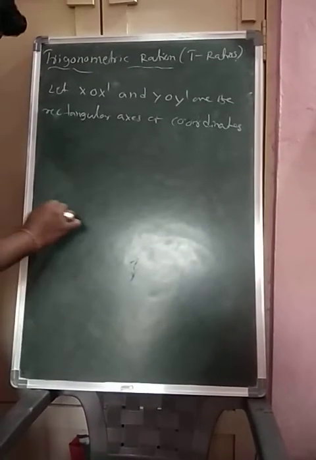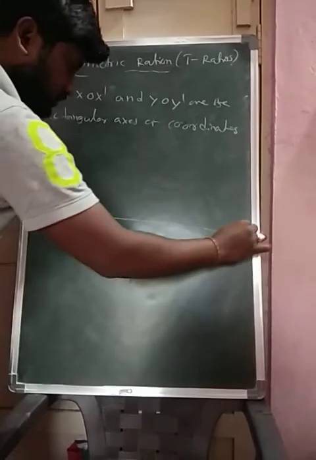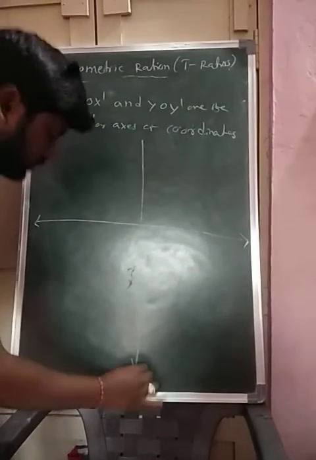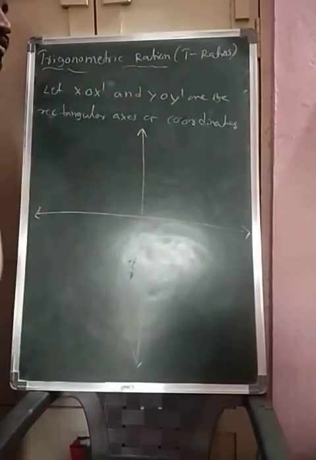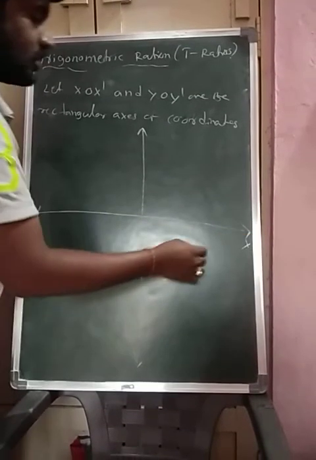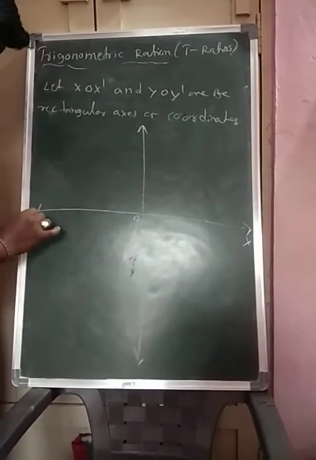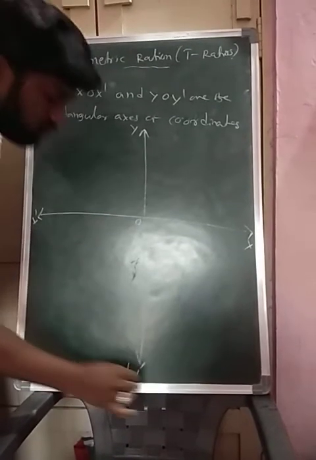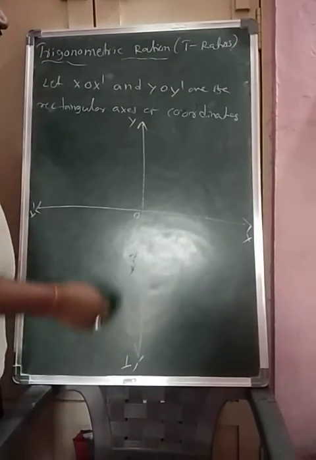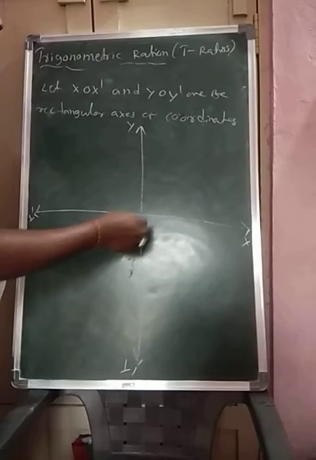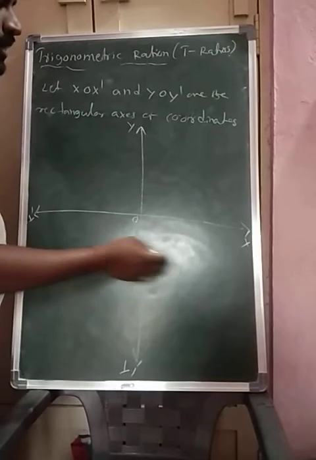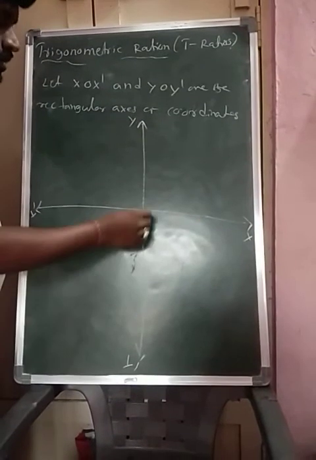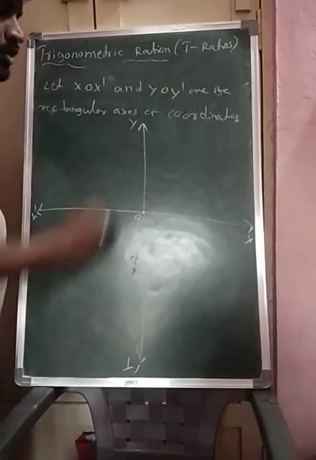Now everyone see. We know XOX', YOY'. Clearly this is the coordinate system. The common intersecting point of the x-axis and y-axis is the origin.